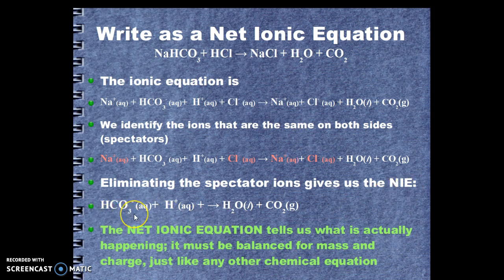The hydrogen carbonate ion, or bicarbonate ion, is reacting with hydrogen ions to form carbonic acid, which splits up into water and carbon dioxide gas. So we have our net ionic equation that tells us what is actually happening. As you can see, it's balanced for mass and charge, just like any other chemical equation.